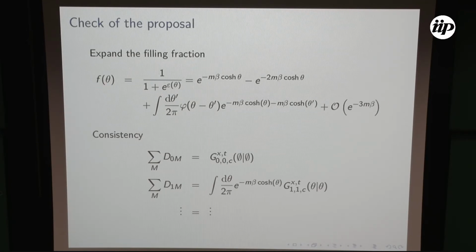Then you can see that if you sum up some terms in this double sum, it's really going to be the connected bilocal form factor when you don't have any particles on the incoming or outgoing side. If you sum up this contribution, it's going to be the integral of this one-particle connected bilocal, and you have other terms. We calculated these two and they match perfectly the previous results. So it's proven that it works for a few terms already.